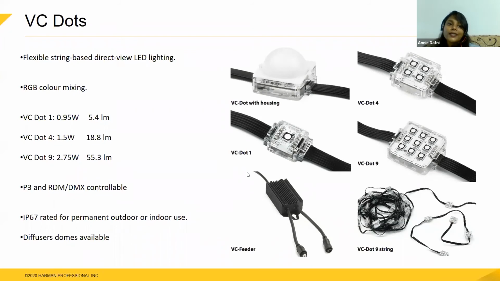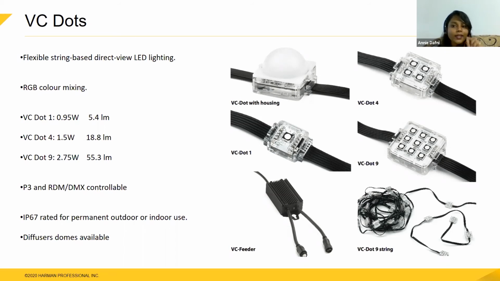They are string-based, flexible, direct view LED products, which can be used for media facades. And the biggest advantage of this product is that because they are flexible, they can nicely take the shape and form of the building, unlike the Pixlines. And you can also have a number of custom pixel pitches ranging from 200 millimeters to 1 meter, and there are three variants here: the VC.1, 4, and 9.